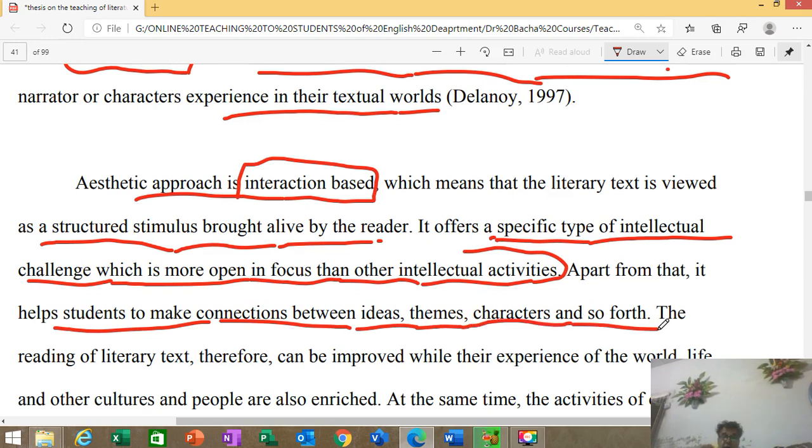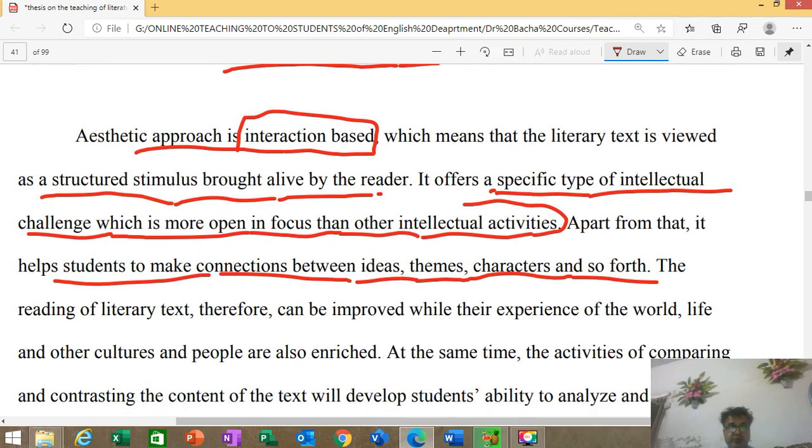All right. The reading of literary text therefore can be improved, while their experience of the world, life in other cultures and people are also enriched.